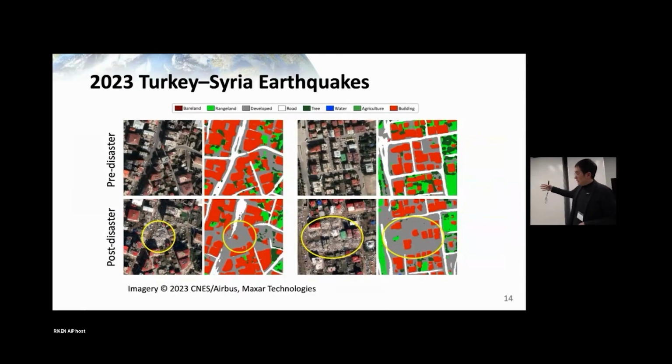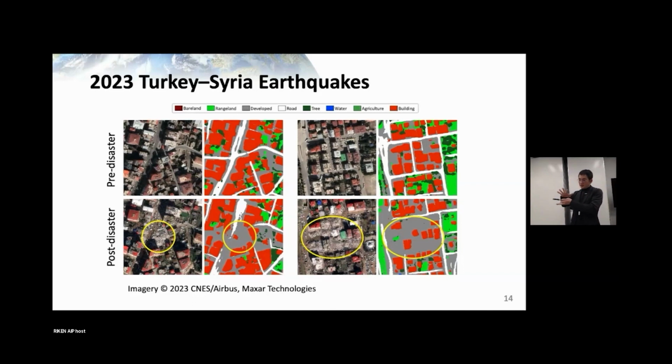By just comparing these bitemporal map data, we can get a change map. But usually the satellite captures the image not always at a 90 degree angle, but with a bit of pointing angle, which makes the image look a little bit different. So in one image, sometimes the facade of the building is visible, but in other images, it's not visible.